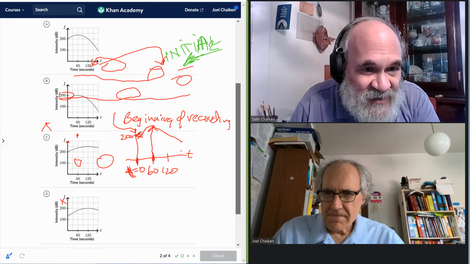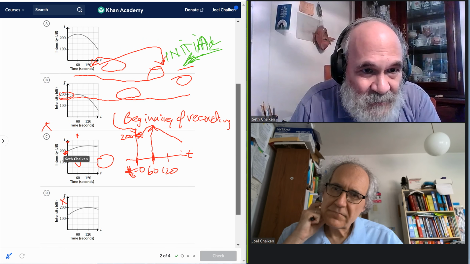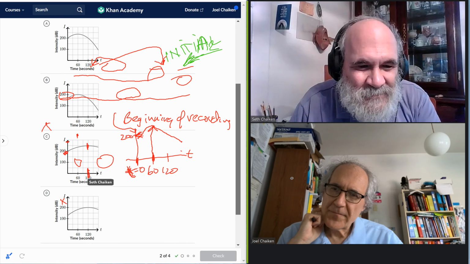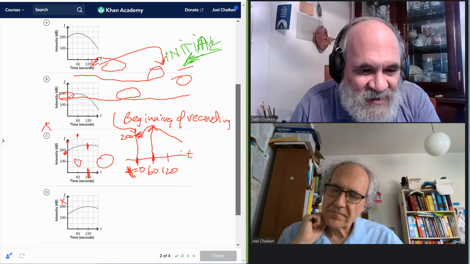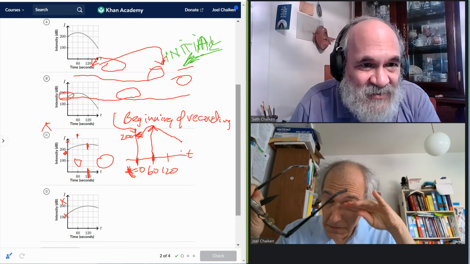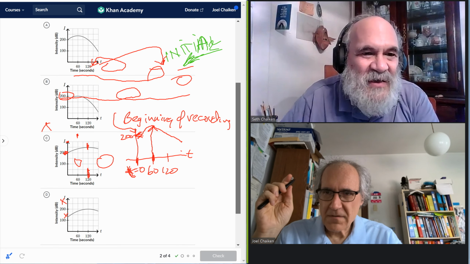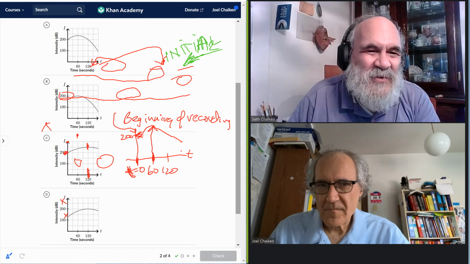Here, C starts at 200, but the maximum is reached at 120. And D doesn't start at 200. So D is wrong. B doesn't start at 200 either. So B, the other ones meet some of the requirements.